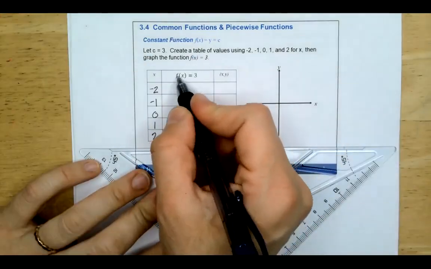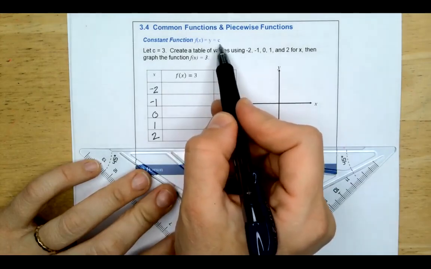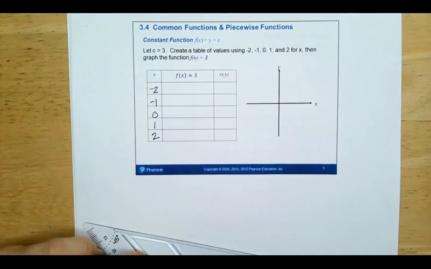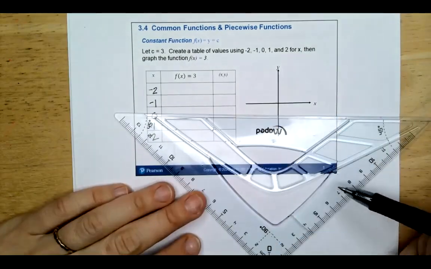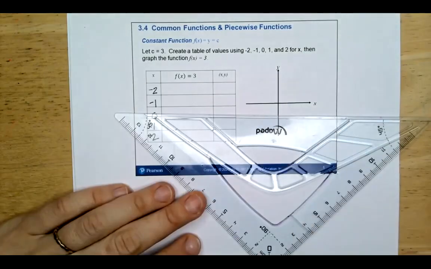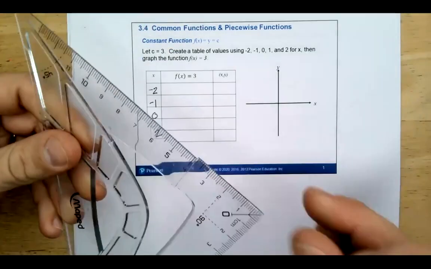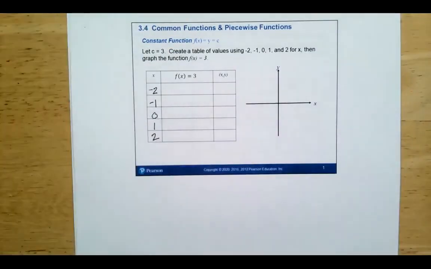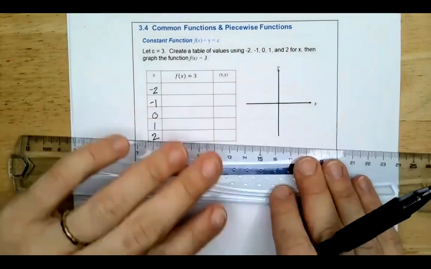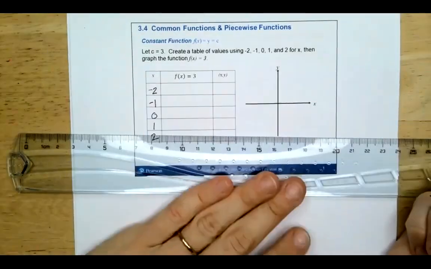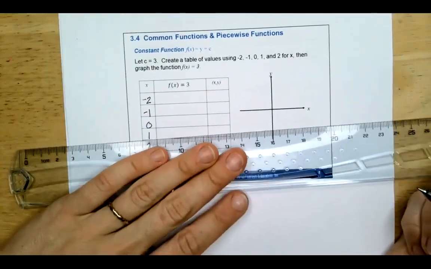So all this equation says is y equals, and then a c for constant. Y equals a number. We've covered this. When y equals a number, it's going to have a slope of 0, and it's just going to be a horizontal line, right?